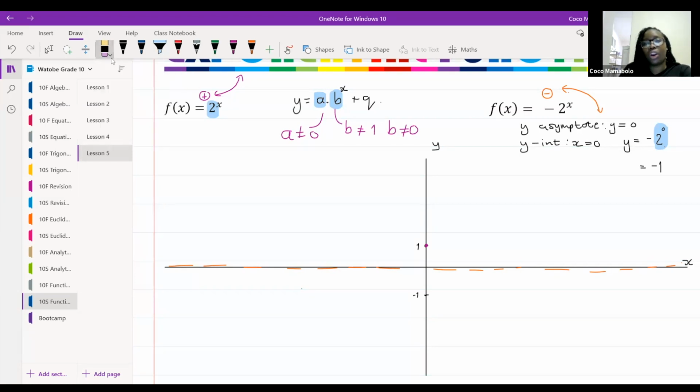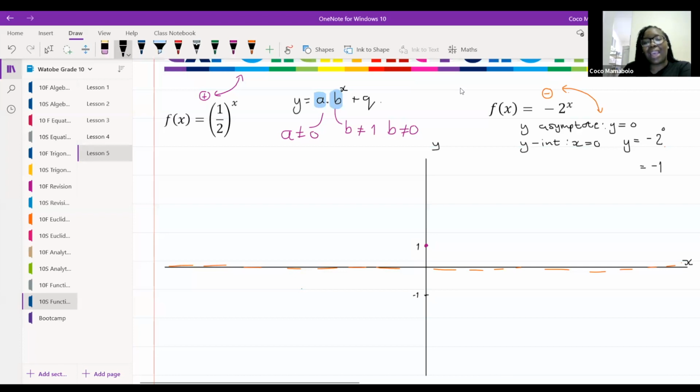Okay. All right. So let's look at if my graph says, we're no longer going to be looking at f of x is equal to 2 to the power of x. We're going to look at if I said f of x is equal to 1/2 to the power of x. All right, I want us to consider this. f of x is equal to 1/2 to the power of x.